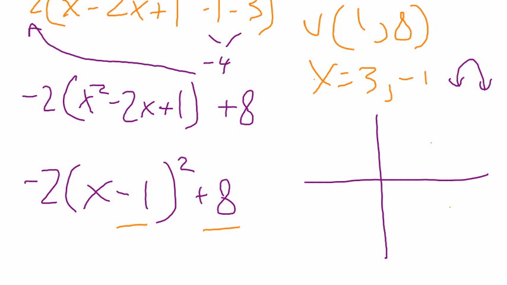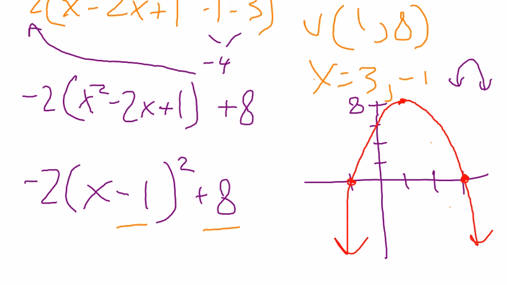So I'm going to mark my zeros. So 1, 2, 3, negative 1. I'm going to go to 3, and I'm going to go to negative 1. Let's go ahead and mark my vertex now. That's at the point 1, 8. So I'm going to go 1, 2, 3, 4. I'm going up by 2's on there just to make it work a little bit better. My vertex is at 1, 8.